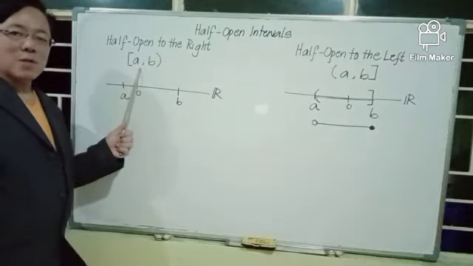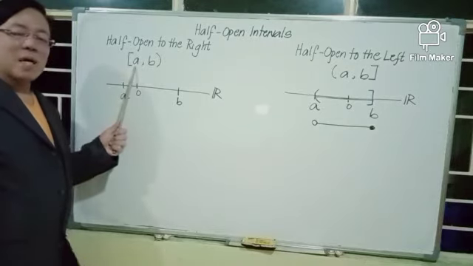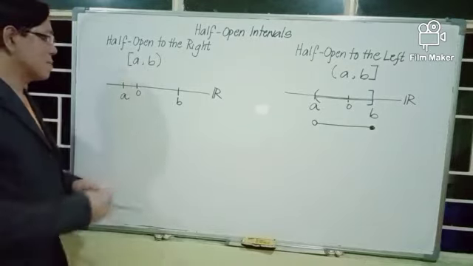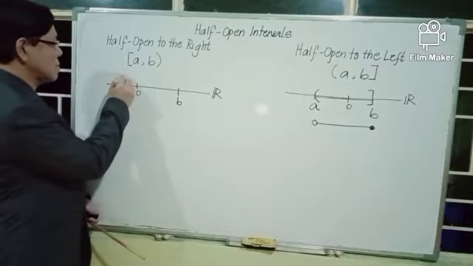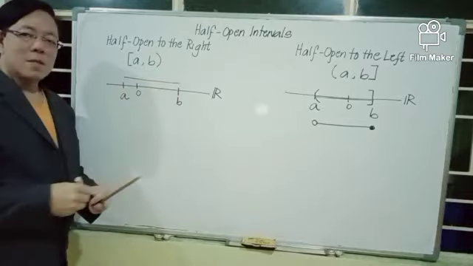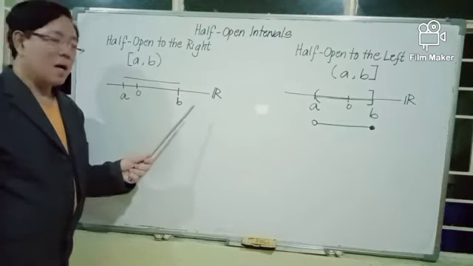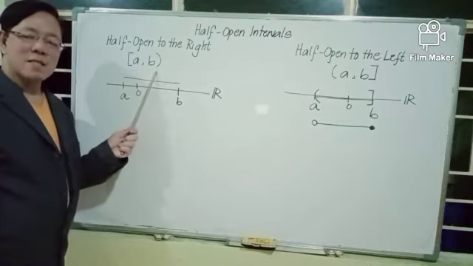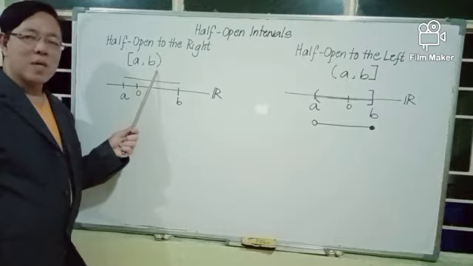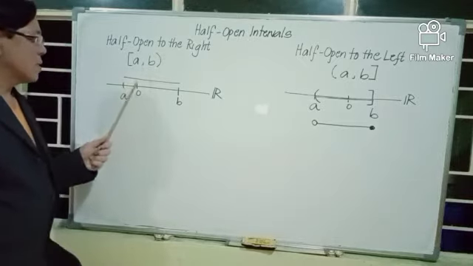The half open to the right interval is the set of real numbers between A and B. All the real numbers between A and B are included in this set of real numbers, the half open to the right interval.